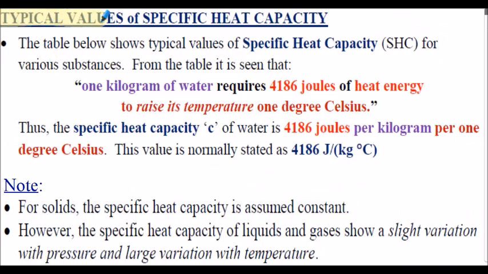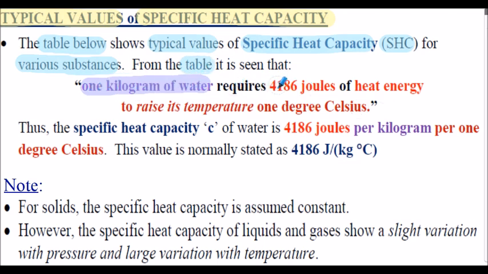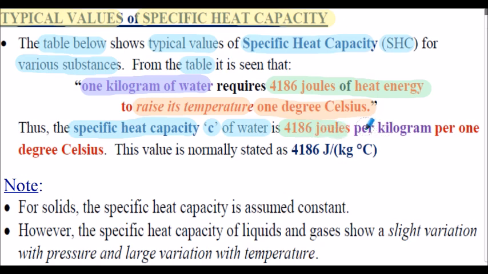Let's consider typical values of specific heat capacity. So the table on the next slide will show us typical values of specific heat capacity, SHC for short, for various substances. You'll see in a moment from the table 1 kilogram of water requires 4,186 joules of heat energy to raise its temperature through 1 degree Celsius, 1 degree C. Thus the specific heat capacity, symbol lowercase c, of water is 4,186 joules per kilogram per 1 degree Celsius.